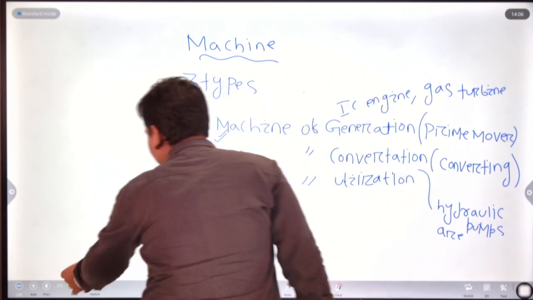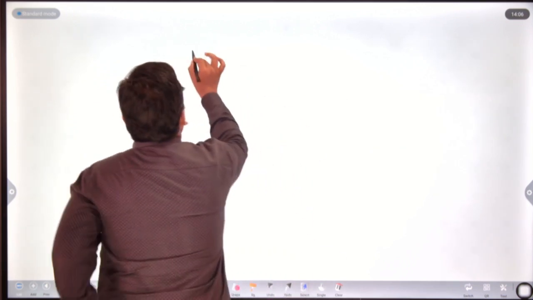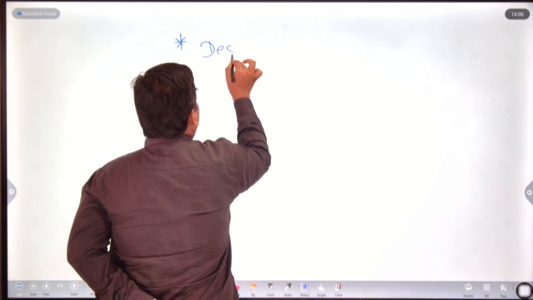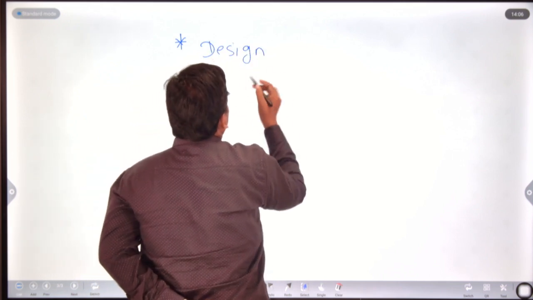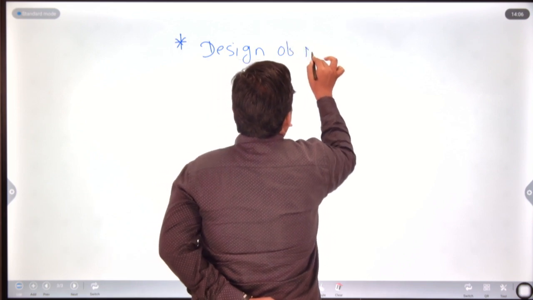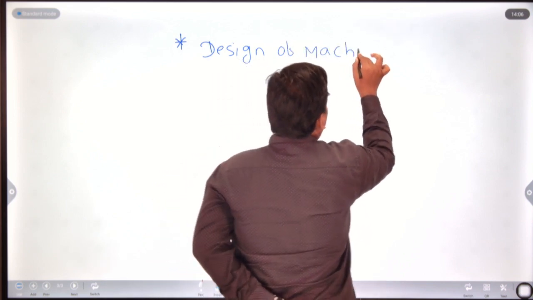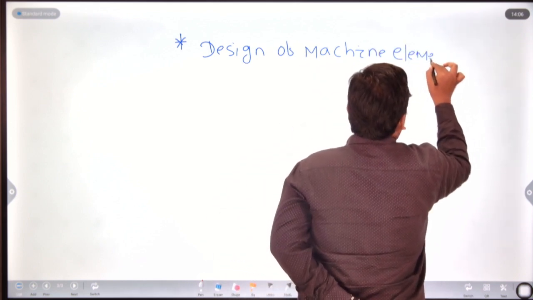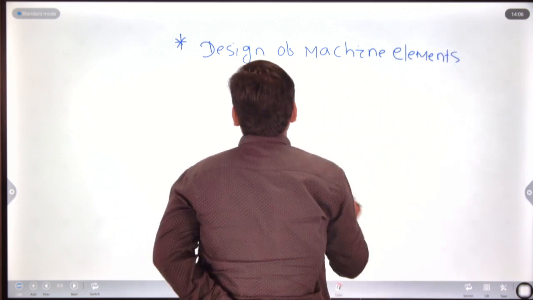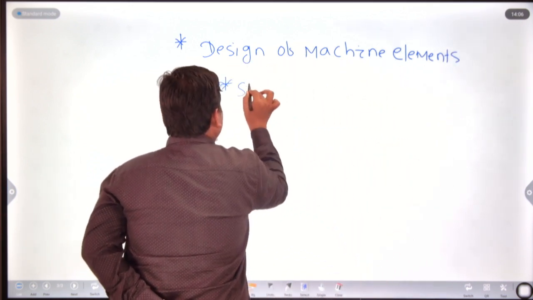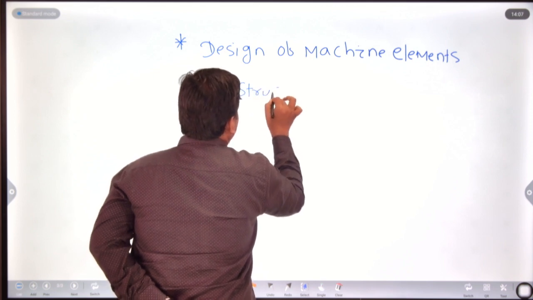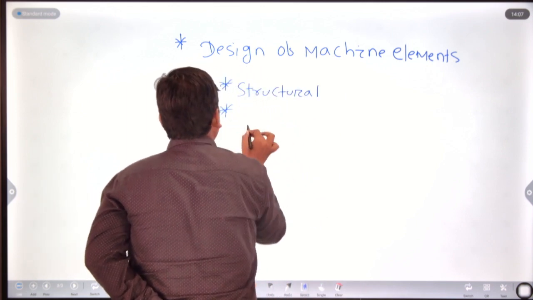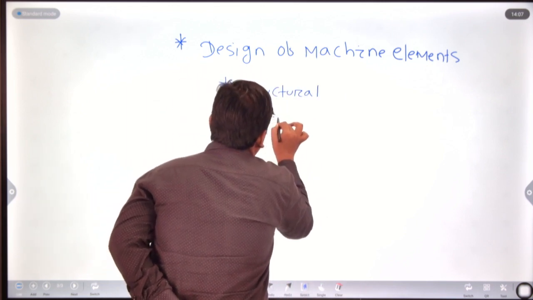Then comes to the topic. Otherwise, machine design is known as what? Design of machine element. A machine element may be a structural member or a controller member.